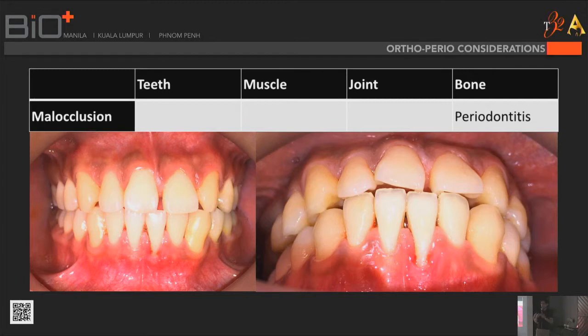Imagine swallowing your saliva throughout the whole day, and that receives pressure. You can't swallow without biting. Okay, try to do it. It's difficult as hell, right? So our normal situation is we bite and then we swallow.